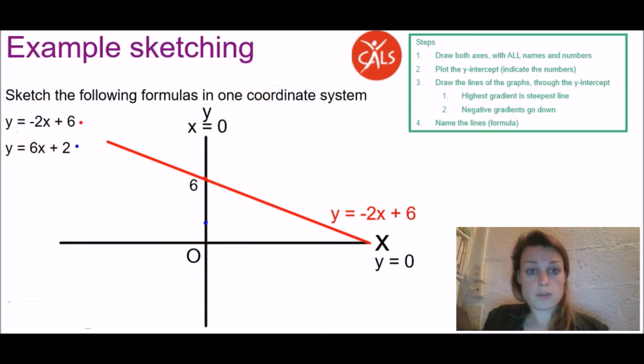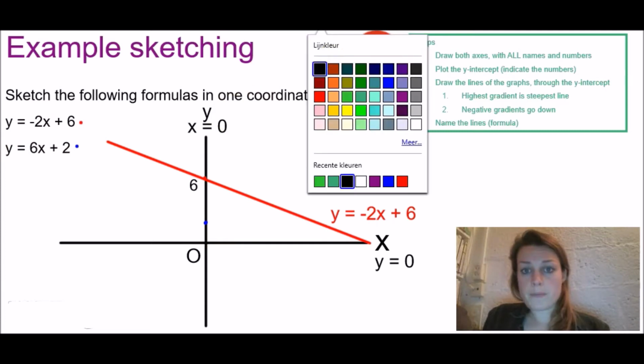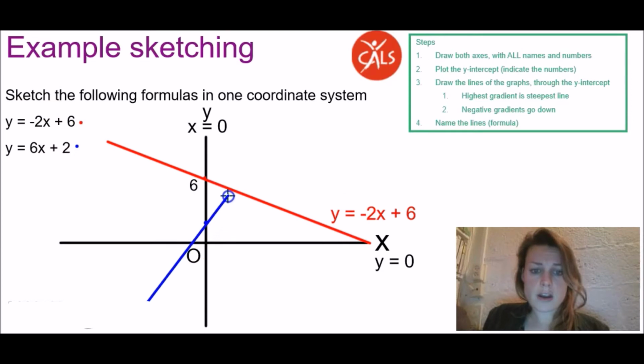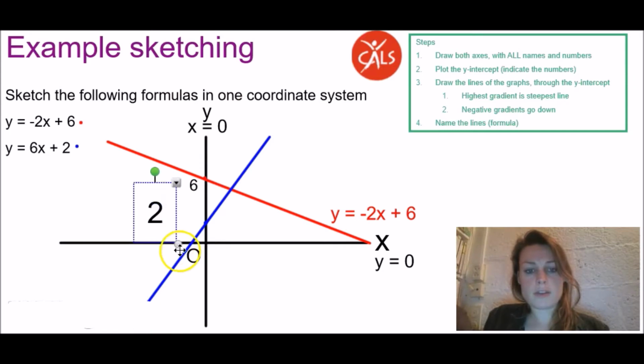So I'm going to draw a line over there, and make the line blue. And we know it's much steeper than minus 2, but then it goes up. So let's start over here. It goes through the y-intercept and then to about here. And for this one too, we have to indicate the y-intercept. So I'm going to do that with the 2, a little smaller, like this.